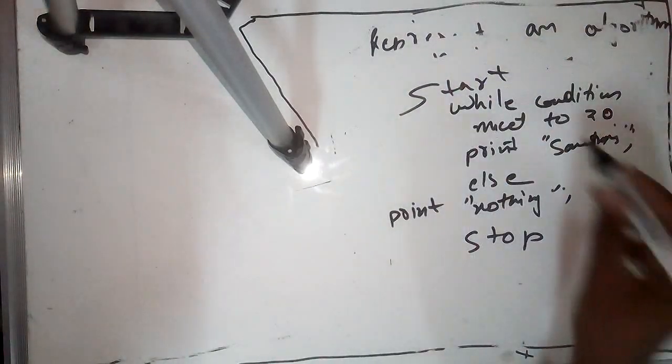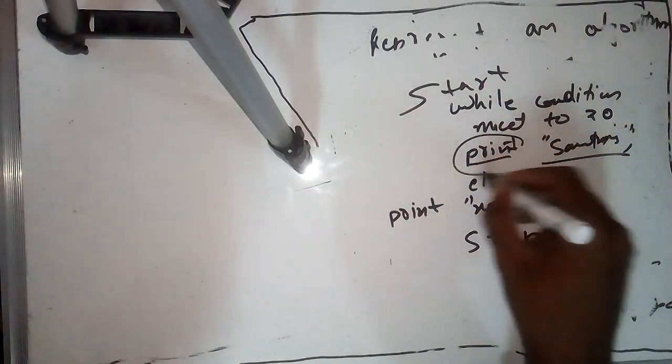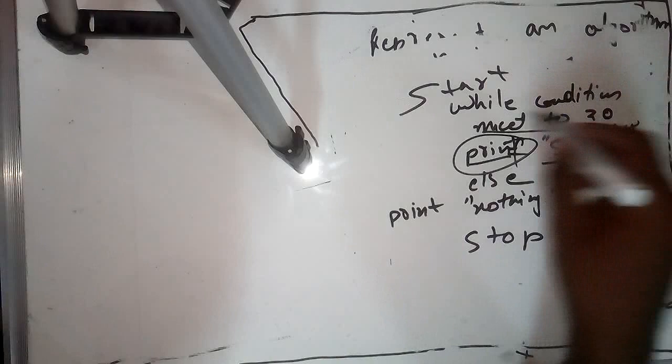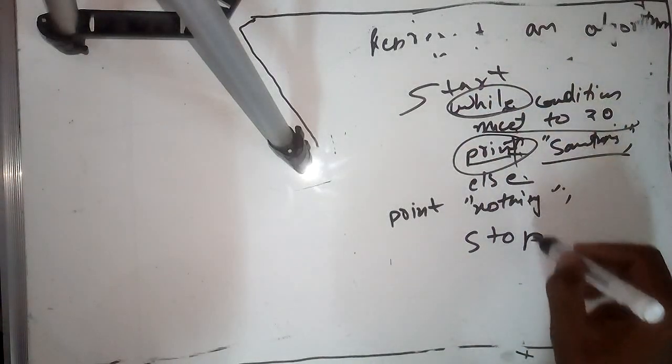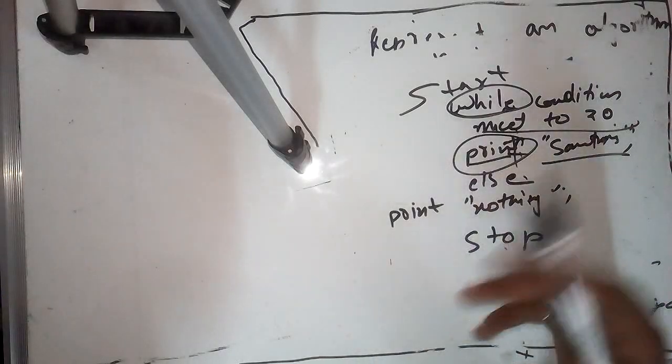So this kind of thing, which is going to contain code, like for example printf, or loops, while loop, that kind of coding algorithm is known as pseudocode.